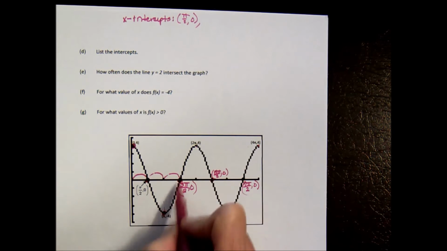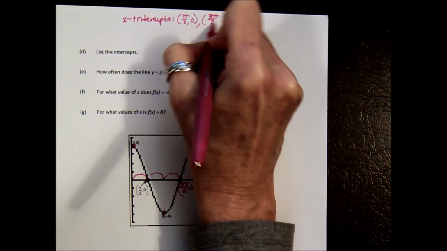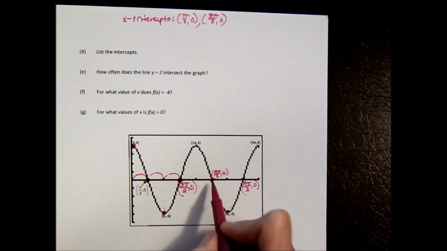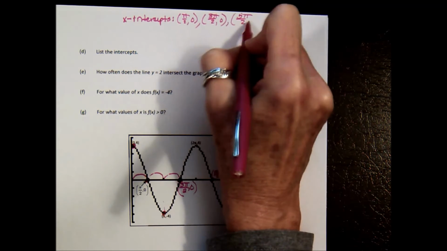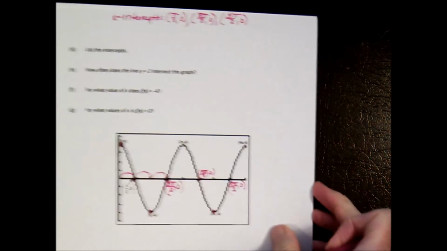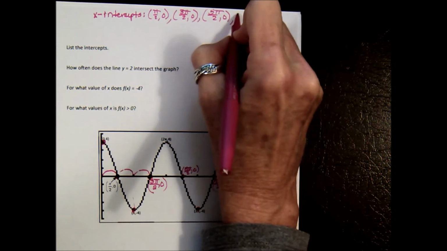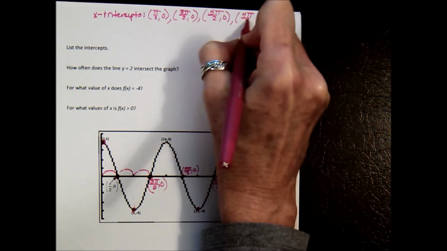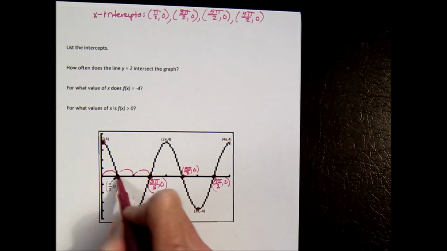Here's another one right there, 3 pi/2, 0. Continuing, there's another one, 5 pi/2, 0. Continuing, I have another one, 7 pi/2, 0. Those are my x-intercepts, reading right off the graph.